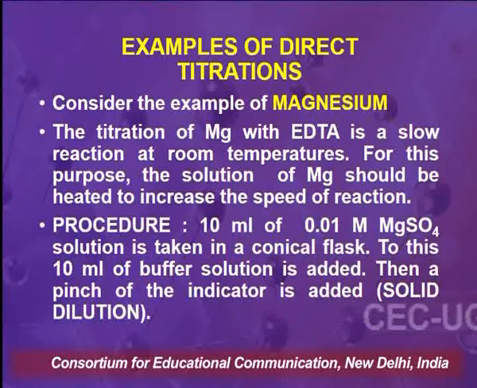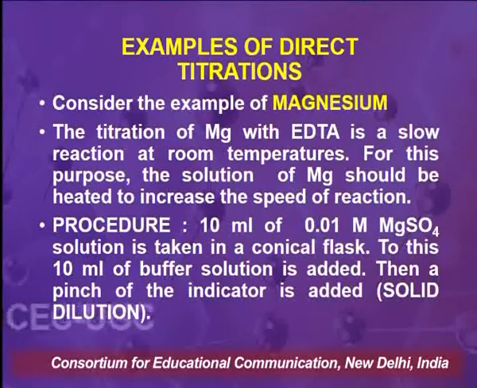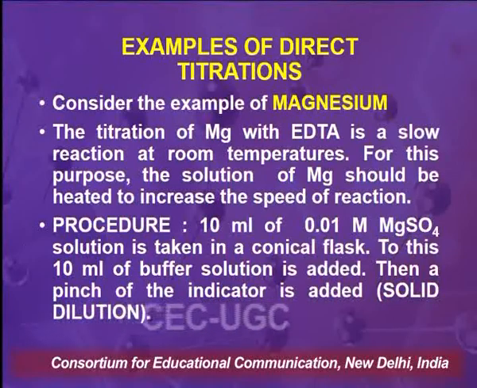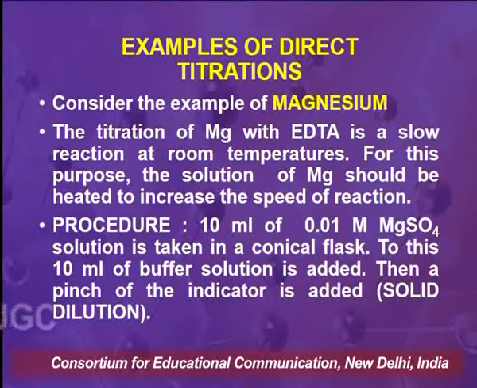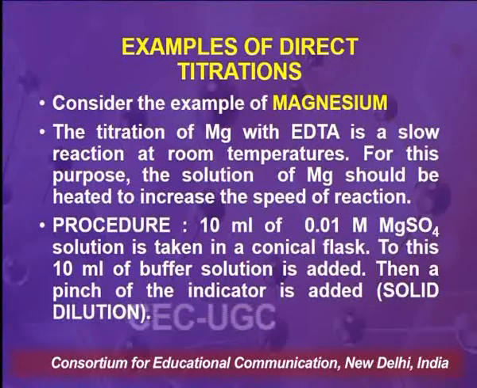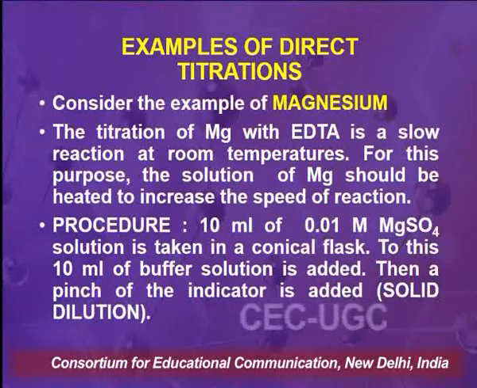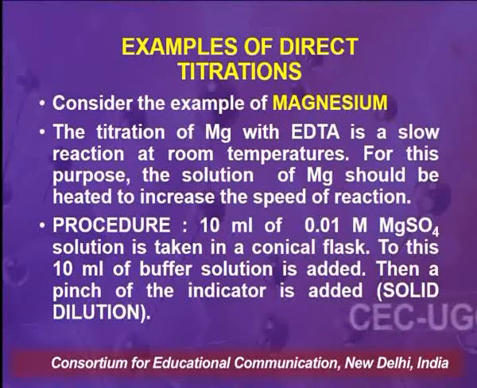So, the procedure goes as follows: 10 ml of 0.01 molar magnesium sulfate, for example, is taken in a conical flask. To this, an equivalent amount of buffer solution is added, and as we have discussed, the buffer solution is a solution of ammonia and ammonium chloride.